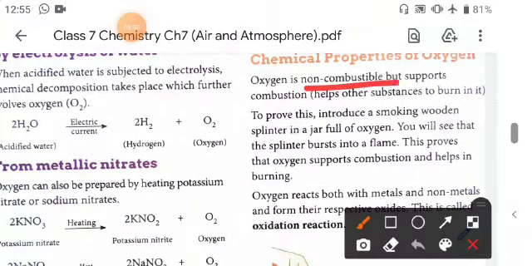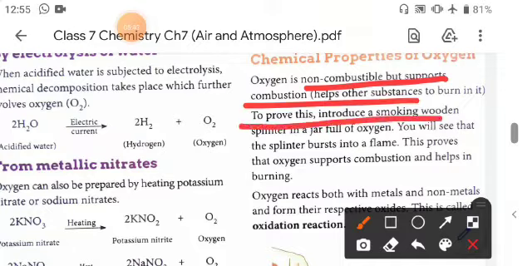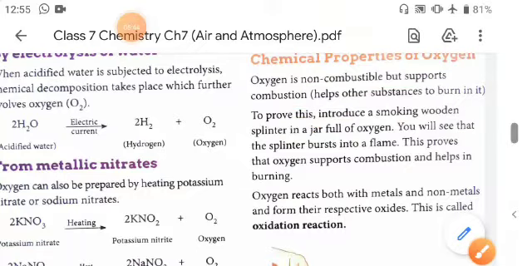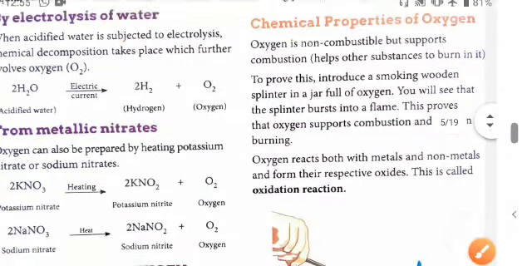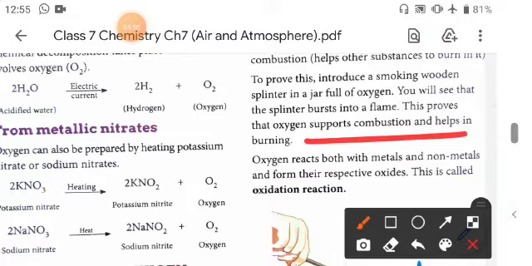Oxygen is non-combustible but it supports combustion, and to prove it, introduce a smoldering wooden splinter into a jar full of oxygen. You will see that the splinter bursts into flame. It is proved that oxygen supports combustion and helps in burning.